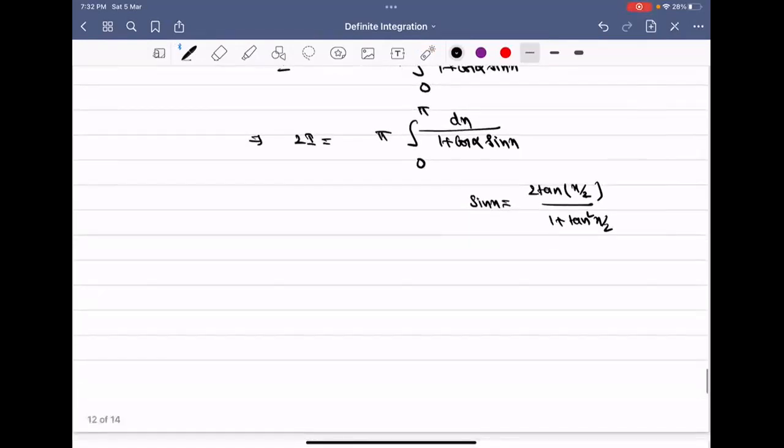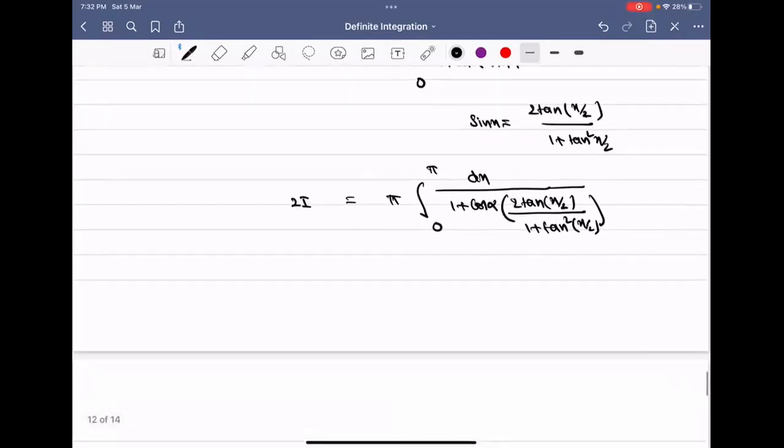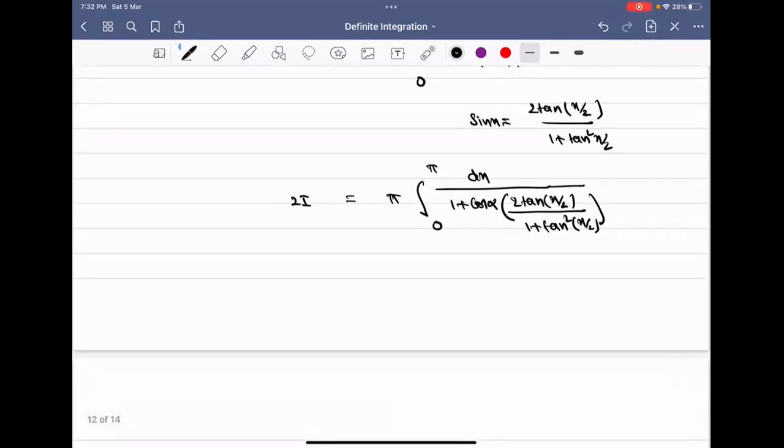So therefore 2I is equal to pi into integration from 0 to pi dx over 1 plus cos alpha into, I will replace this sin x with 2 tan x by 2 over 1 plus tan square x by 2. Next, take out this 1 plus tan square x by 2 into the numerator.